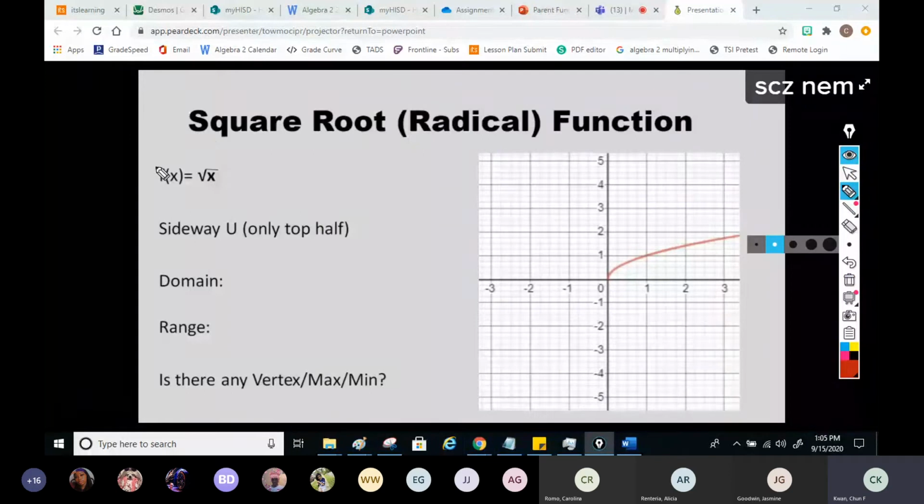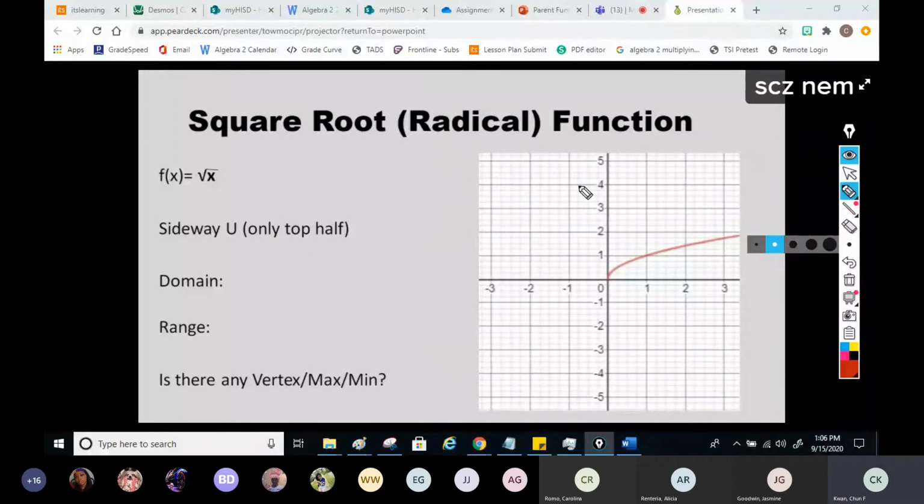The equation is f of x equals square root of x. And this is the square root symbol. Whatever's in the symbol needs to be square rooted. You need to take the square root of whatever's inside. And it looks like a sideways letter U, but only with the top half.